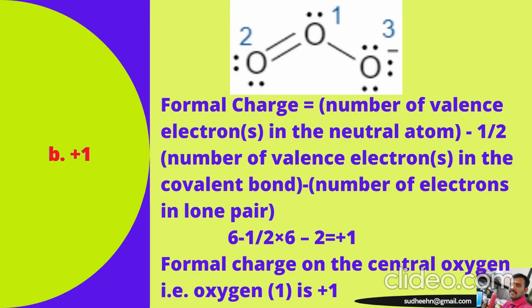So here the number of valence electrons is 6, minus half into number of bonding electrons, that is 6, minus number of electrons in lone pair. Here 2 electrons are in a lone pair, so that is -2. By simplifying that, we get the value +1. So the formal charge on the central oxygen is +1.